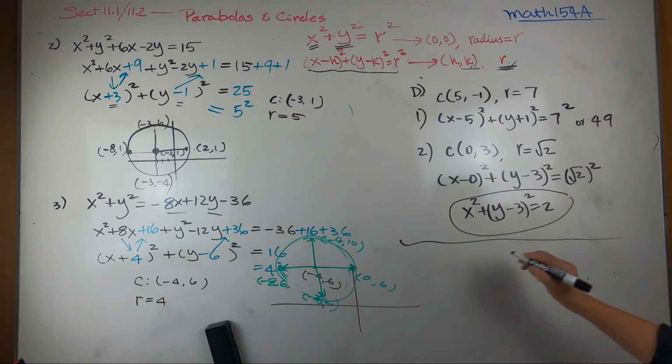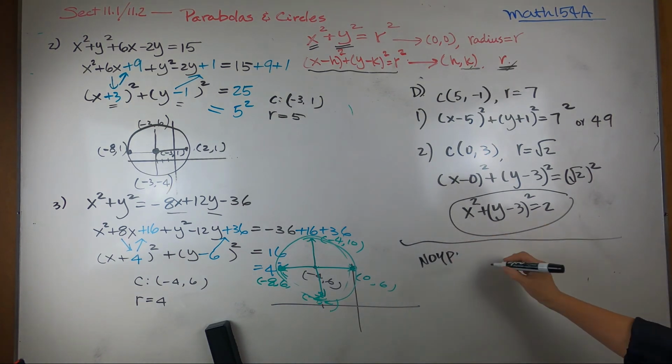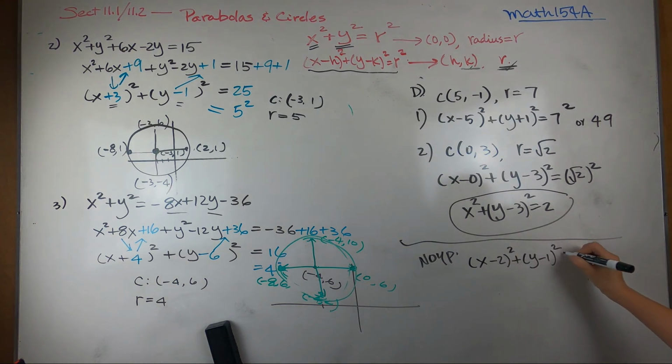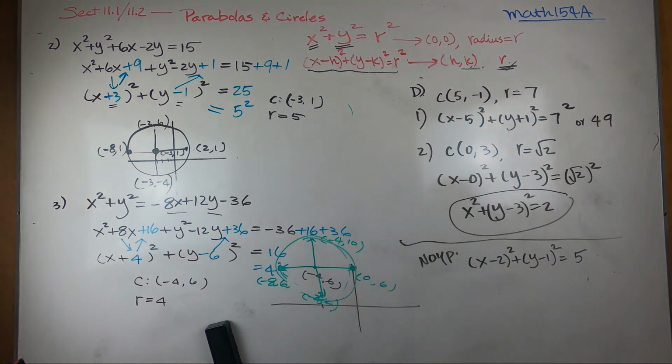So if like this, not on your paper, if you have, say, x minus 2 squared plus y minus 1 squared equals, say, 5. You have a formula like that, right? However, if like this, what's your center? It will be 2 and 1.